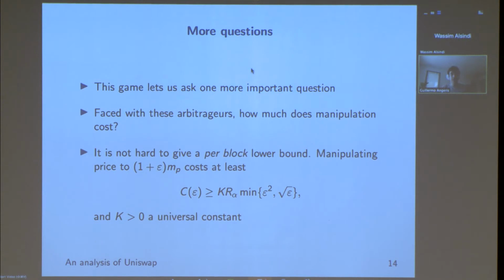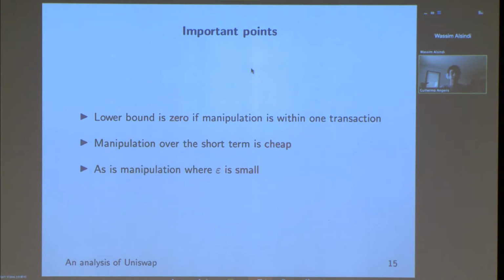If epsilon is, on the other hand, very small, this is extraordinarily cheap. If we want to manipulate the price to 1% above the true market price, essentially we only have to pay about 10 to the negative 4 times the current reserve value, which for non-liquid coins is extraordinarily cheap. I mean, essentially we might as well say it's free. But more generally, if we want to make large price manipulations, this starts becoming pretty expensive.